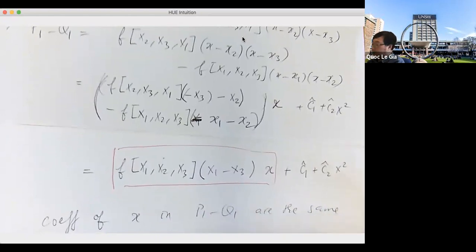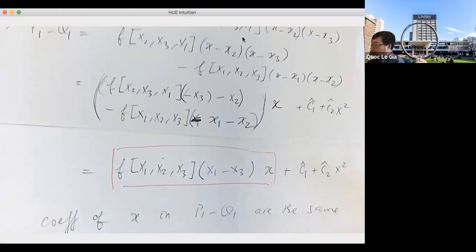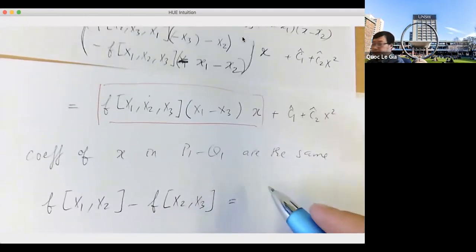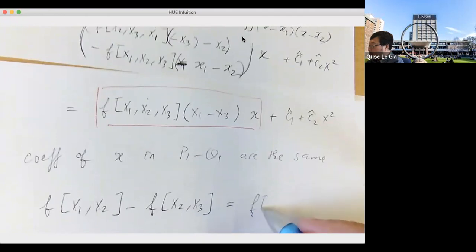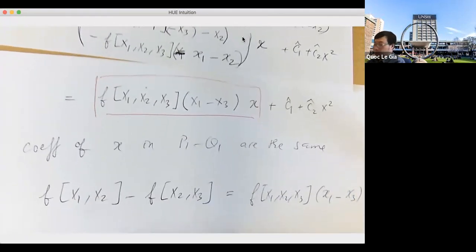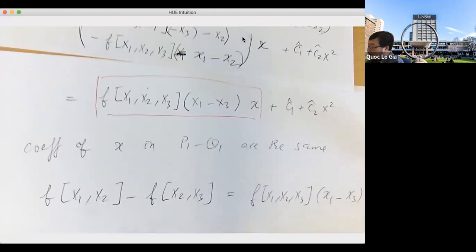So then you have f of x1, x2 minus f of x2, x3 just equal f of x1, x2, x3 times x1 minus x3. And therefore you have the formula.